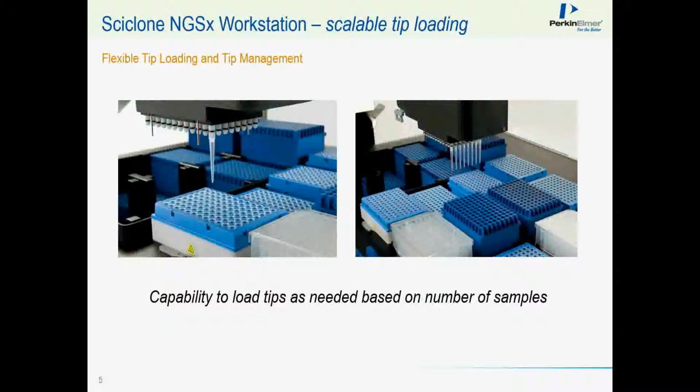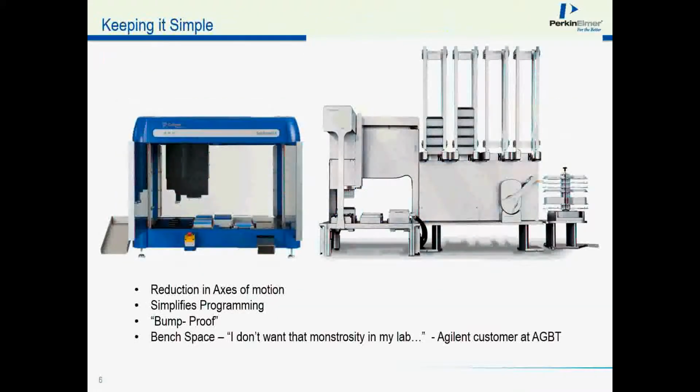What we do is put some of our master mixes, or even an A-tail mix or ligation mix, in a column as opposed to distributing them in a whole plate. Our reason for that is so we can reduce the amount of dead volume that's required to run. Sometimes in the kits that are distributed, you barely have enough reagent for what you need to do, so we want to minimize the amount of dead volume that the user has to go through.